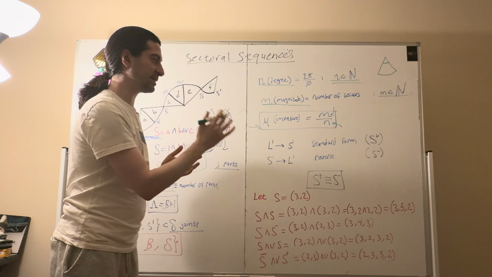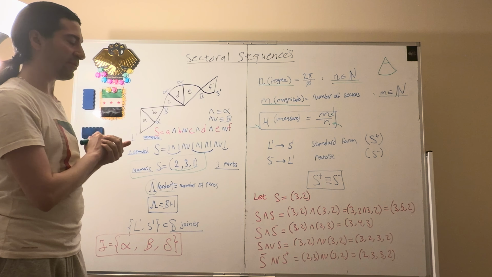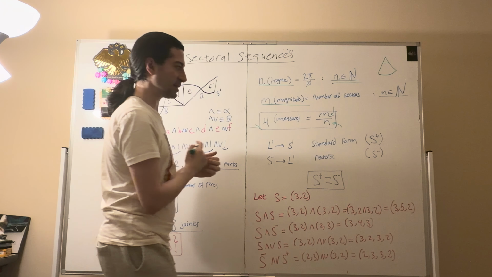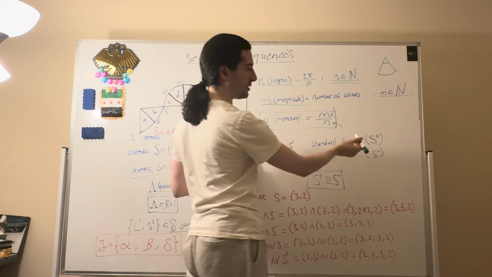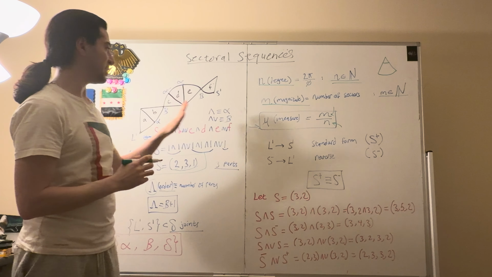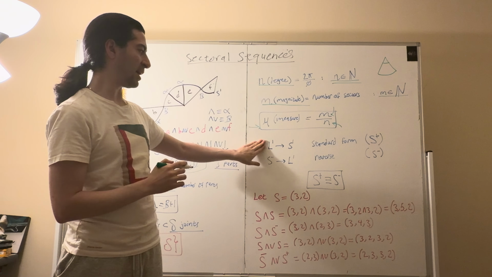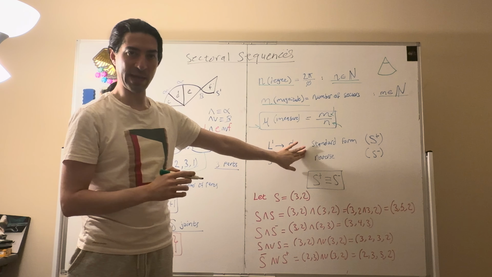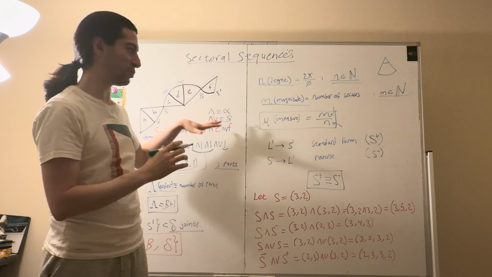So we said that the standard form of a sectoral sequence, we can sometimes indicate it with a plus sign, is the sequence from the L prime end to the S prime end. So the large part to the small part.